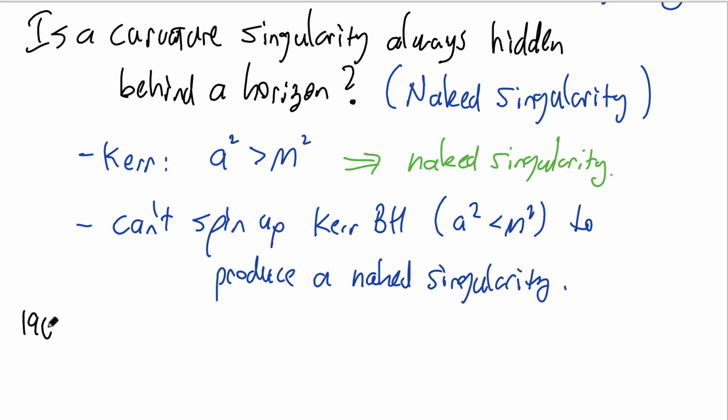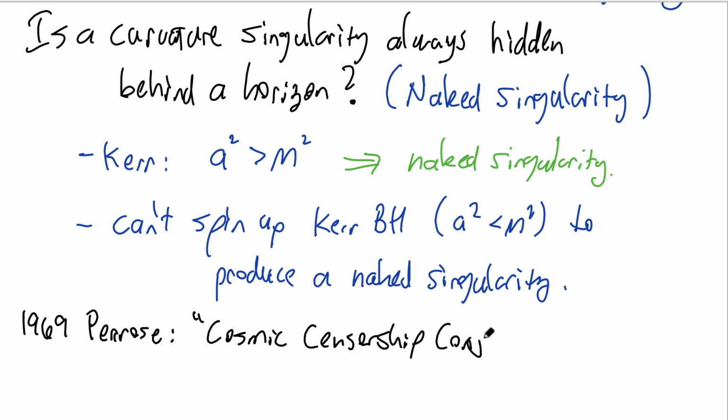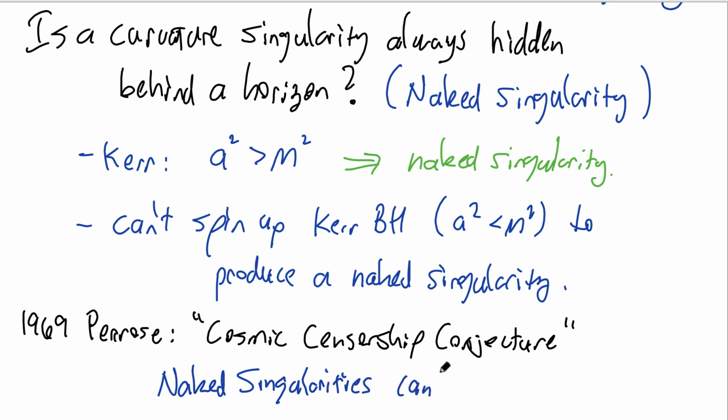Now in 1969, Roger Penrose formulated what's known as the cosmic censorship conjecture, which says that naked singularities can't exist in nature, with the possible exceptions of the Big Bang and the Big Crunch.